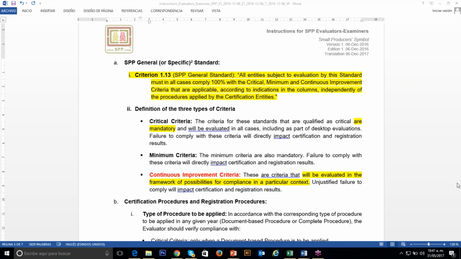I am almost sure that there are many companies in the world that, as all of us know, don't have a serious commitment with producers. But we pretend that the SPP final buyers know this value chain. Okay.